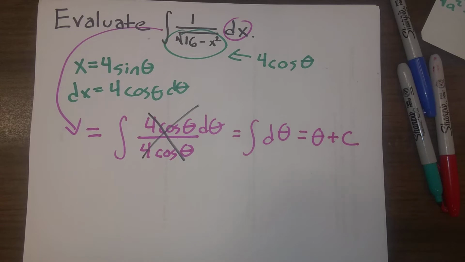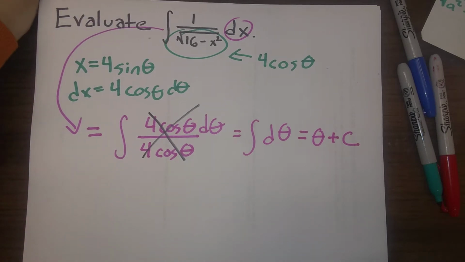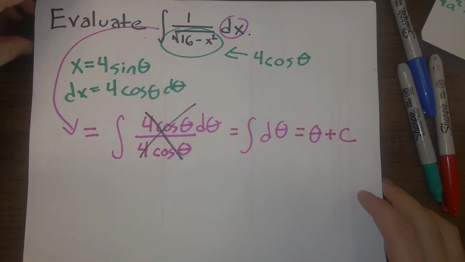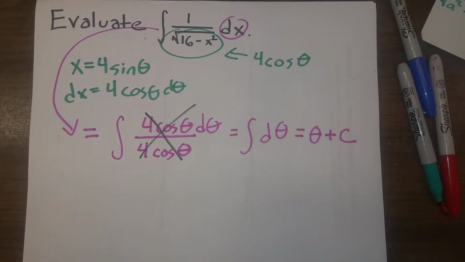Okay, so we've done our integral, but we're not done yet, because what our answer is right now, which won't be our final answer, is in terms of theta, and we want it to actually be in terms of x.